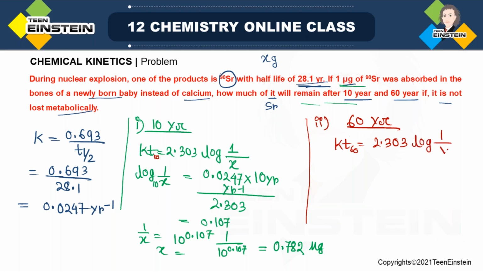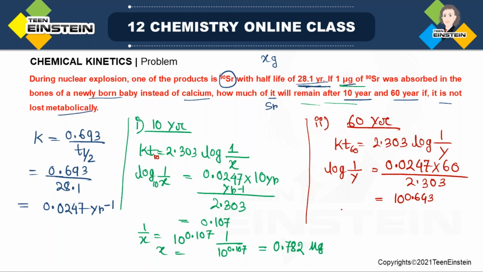Now suppose the amount is y gram. We will write the value of t, which is basically the same. t is now 60. 0.643 is the power of 10.